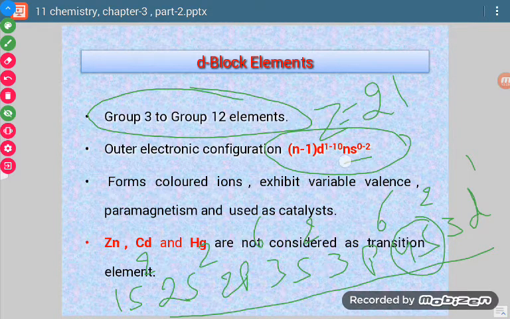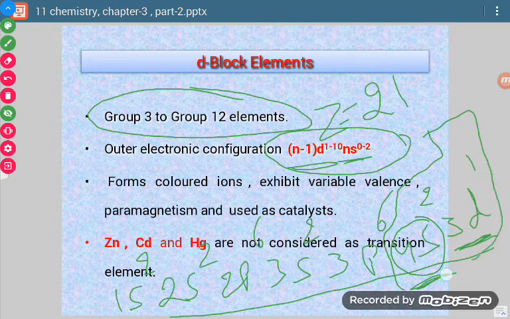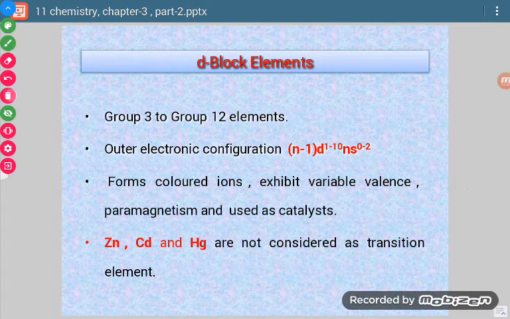So this ns means 4s, and now (n-1)d means 4 minus 1, which is 3, so 3d. So for this element, 4s2 3d1 becomes the valence shell electronic configuration. Okay, so 4s2 3d1 is the valence shell electronic configuration for the element having atomic number 21.